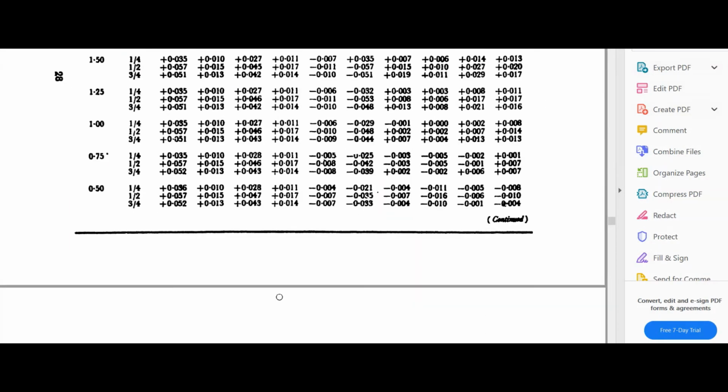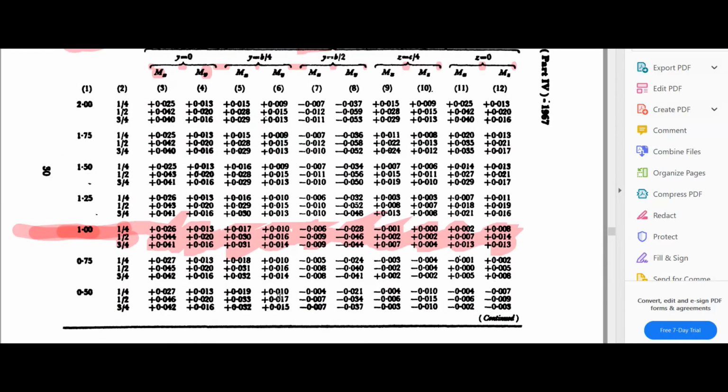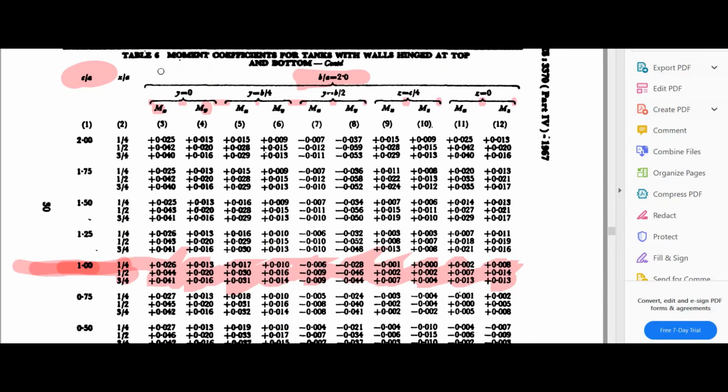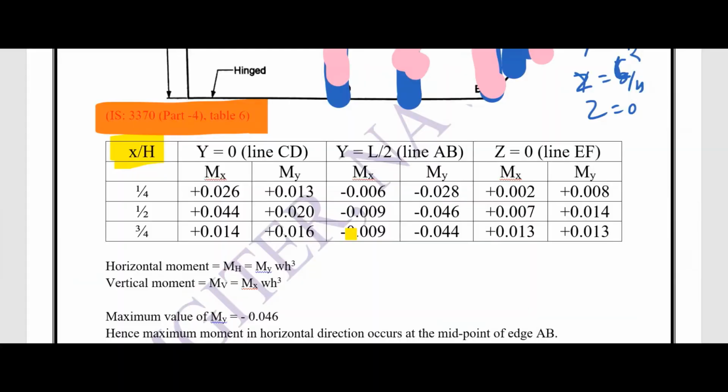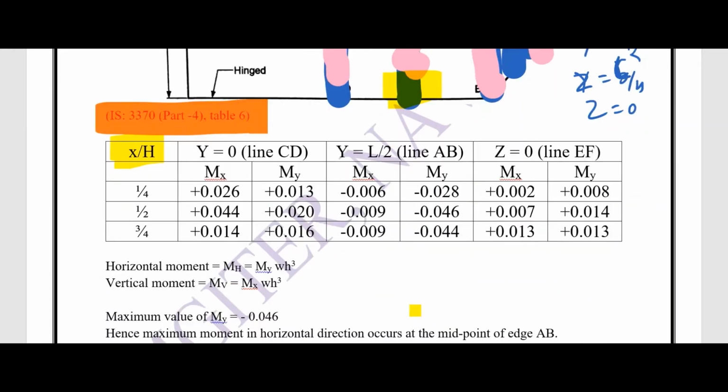Where y is b by 2, we have x by a: 1 by 4, 1 by 2, and 3 by 4.